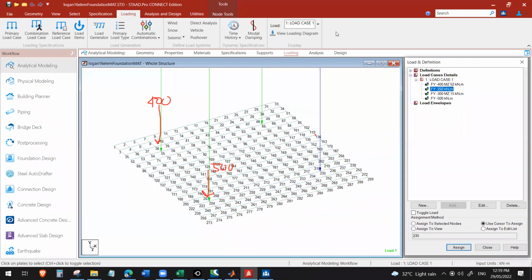And of course, here is the 300. Here are our two moments, MZ. This is our global axis Z, so MZ is in this direction. Those are our MZ, 52 and 15.